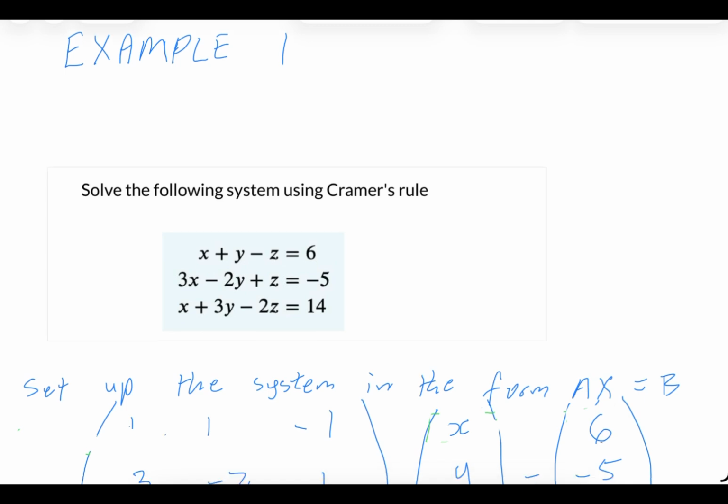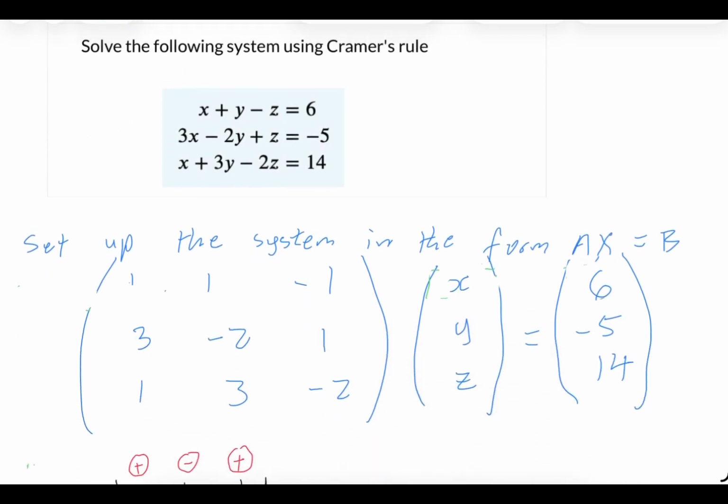We want to set up the system in the form AX equals B, where A is the coefficients matrix. So you have 1, 1, negative 1 in the first row, 3, negative 2, 1 in the second row, 1, 3, negative 2 in the third row.